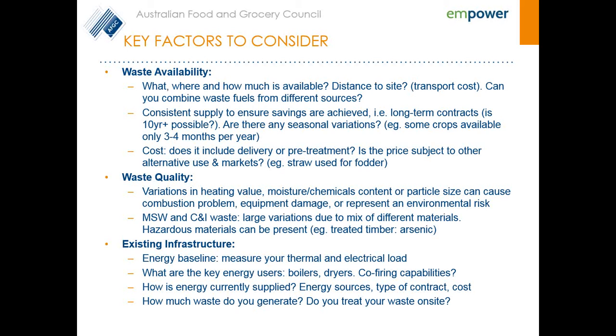So instead of doing a whole replacement and putting in a whole new biomass boiler, it might be that you just need to retrofit or make some adjustment to your existing burner and be able to co-fire. And then it's obviously, what energy are you currently using? Is it natural gas or coal or diesel, and what is the cost associated with that? That is particularly important to then determine the amount of savings that you can generate when you're offsetting these energy sources.